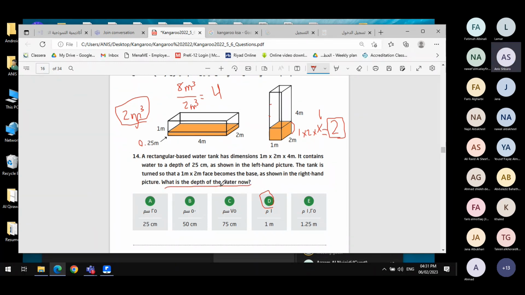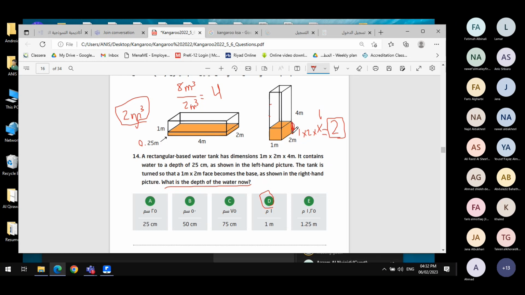What is the depth of the water? In other words, they want the same. So why write 1 milliliter now? Yes, they want to find the height of this now.